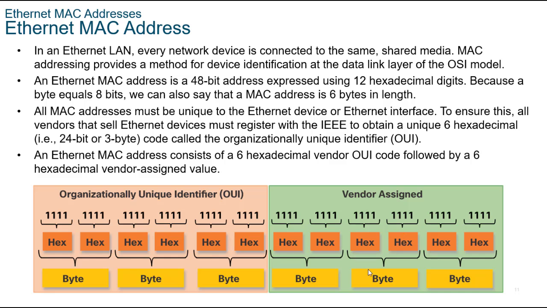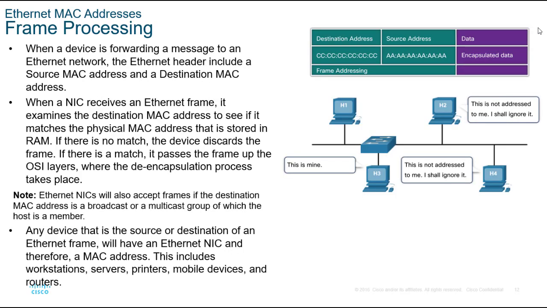Cisco would assign a unique code, such as 3A07BC, for the vendor assigned portion, and the unique Ethernet MAC address would then be 00602F3A07BC. The MAC address is sometimes called a burned-in address, because it's permanently hard-coded into read-only memory, or ROM.